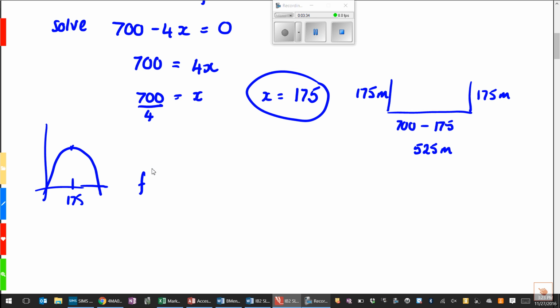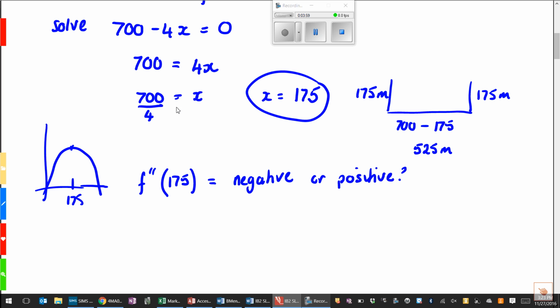We also could do f double dash of 175 and figure out whether that result is negative or positive. And obviously, depending on whether it is, that shows whether it's a maximum or minimum.